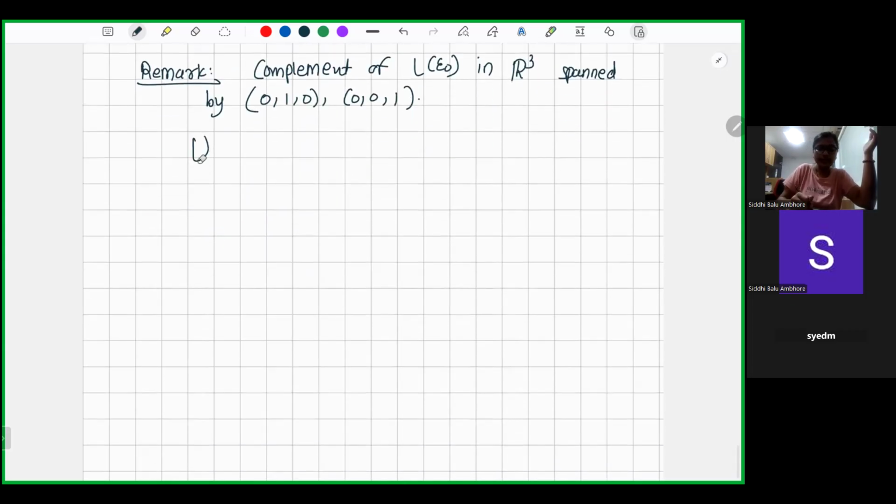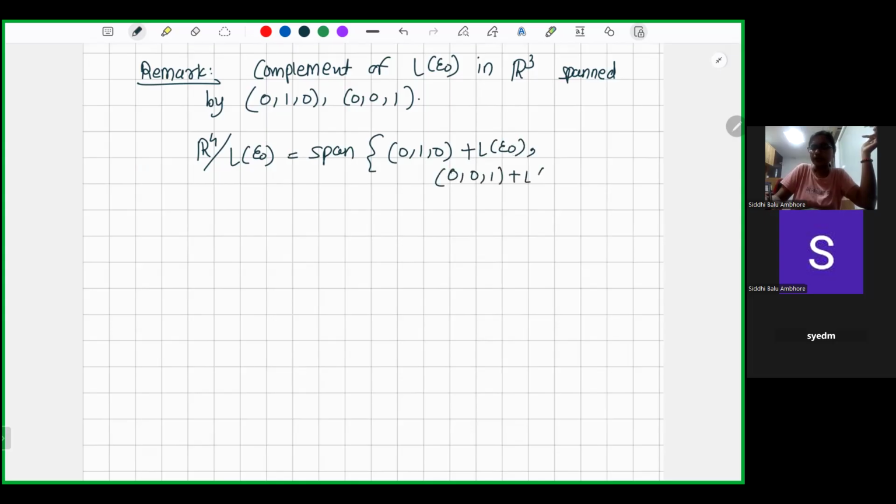In that case, I can also have R4 quotiented by L epsilon naught, whose basis is the span of 0, 1, 0 plus L epsilon naught and 0, 0, 1 plus L epsilon naught, and it won't change anything.